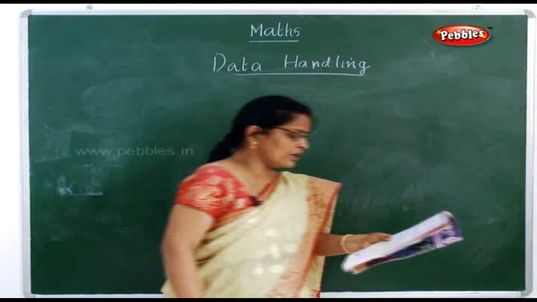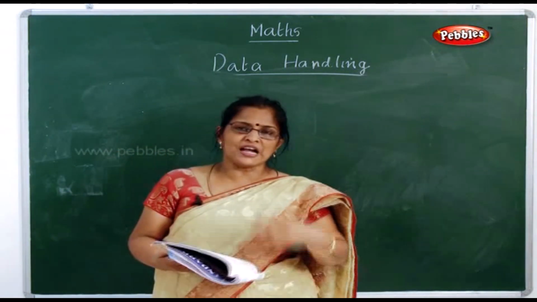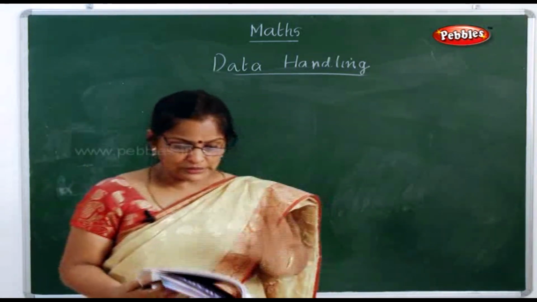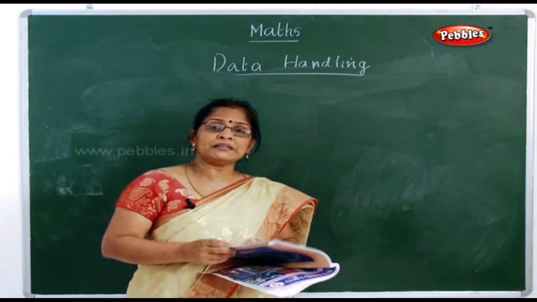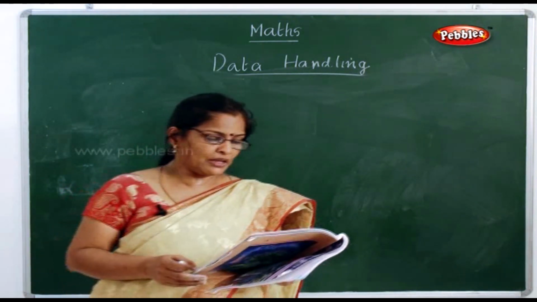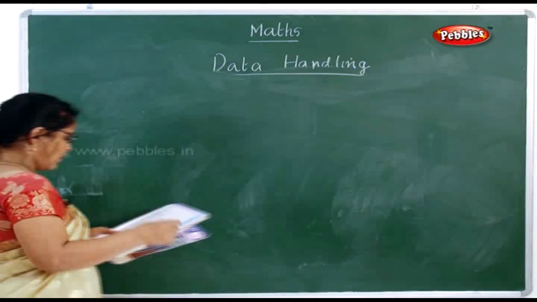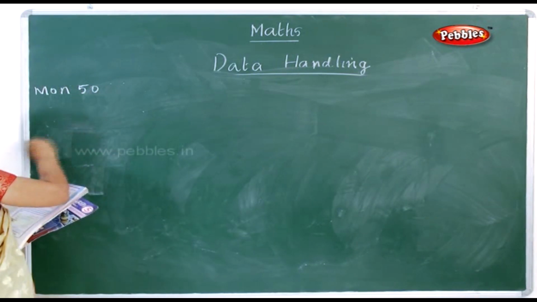Now drawing a pictograph. The teacher asks the students to go to the school canteen and find out the data of the number of buttermilk packets sold during the last 5 days. Monday it was 50 buttermilk packets.